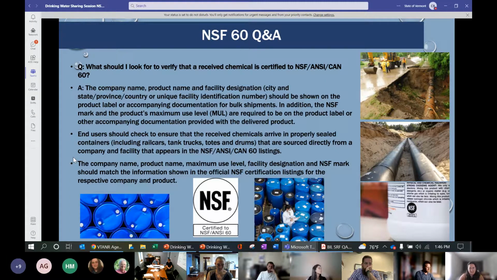So a lot of words, a lot of pictures on a slide. But what you're looking for here is this mark. Make sure you have the company name, product name, and where it was manufactured, and look for this mark and the product's maximum use level. Make sure they arrive in properly sealed containers that are sourced directly from the company and not third-party certifiers.